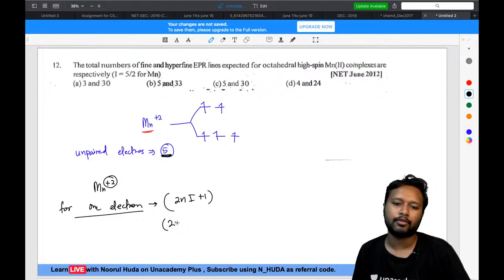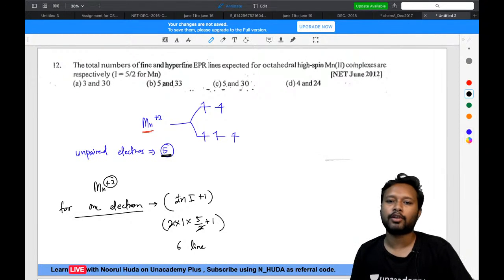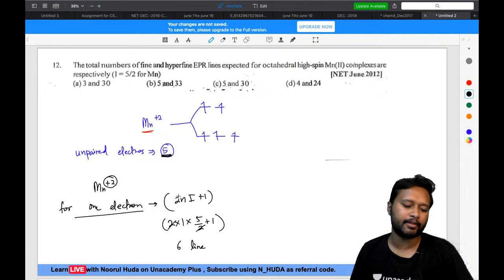I'm calculating just for one electron: 2 into I, whose value is 5 by 2, plus 1. That gives me 6 lines. So one electron will give you 6 lines. You have 5 electrons, so you can calculate the total lines. That is pretty simple to do.